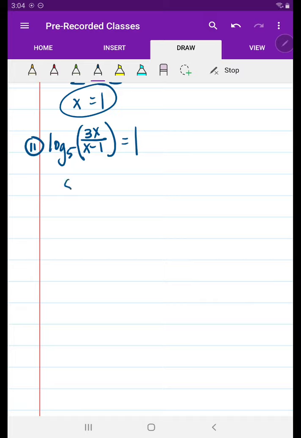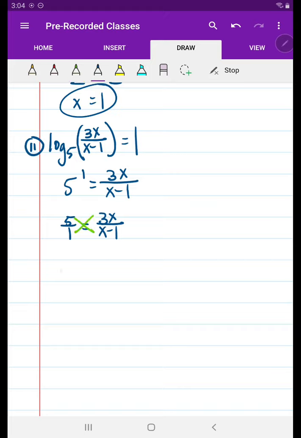So my base will be 5, the exponent on that will be 1, and that'll all equal my argument, which is 3x over x minus 1. So if I simplify the left, that's a 5, and I'm going to write that as 5 over 1, and then the right is 3x over x minus 1. So now I have one fraction on either side of the equal sign, and that's all I have. So what I can do is cross multiply.